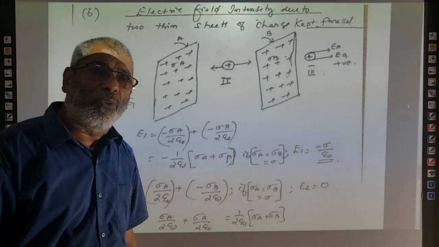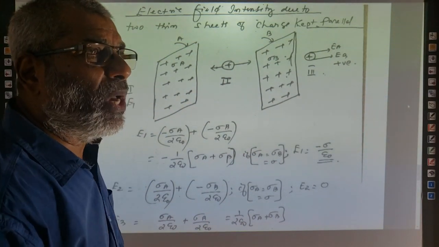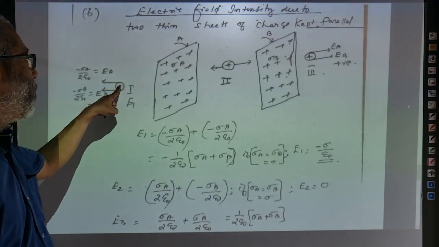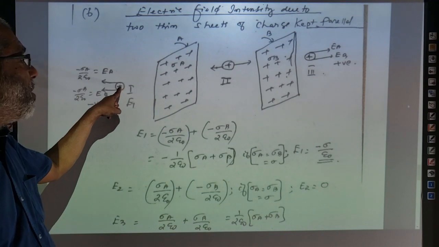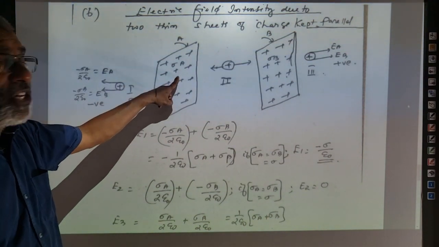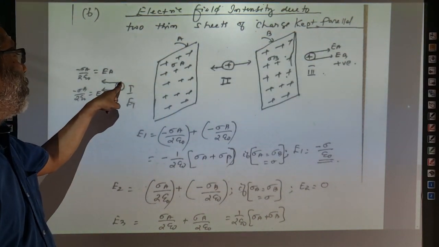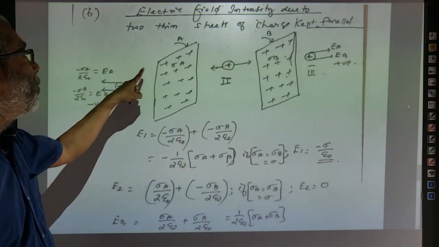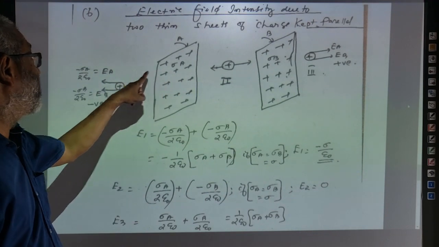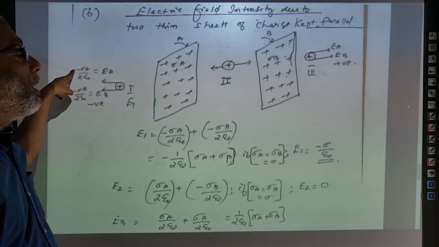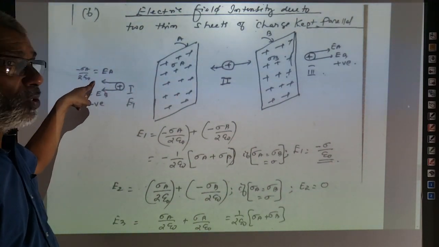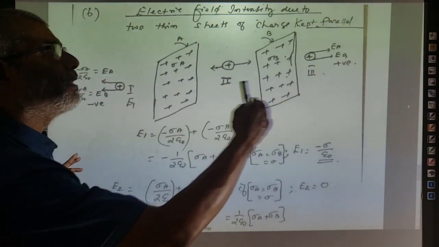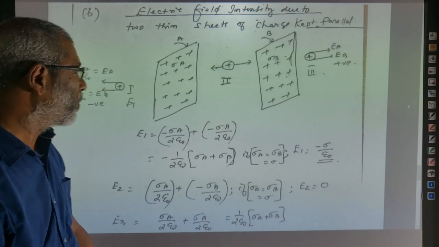In an electric field, to find the intensity of electric field, what will we do? We will place a unit positive charge at that point. A unit positive charge is placed here. Due to the first sheet, the force acting on the unit positive charge, that means the intensity of electric field at this point, is EA, equal to minus sigma A divided by 2 epsilon 0, because this side direction is taken as negative and that side direction is taken as positive.